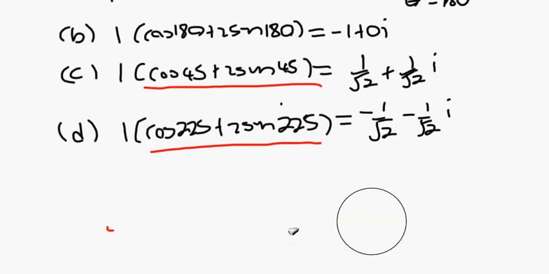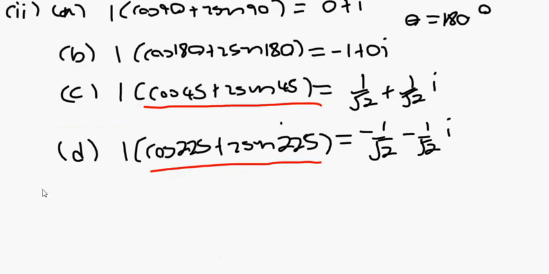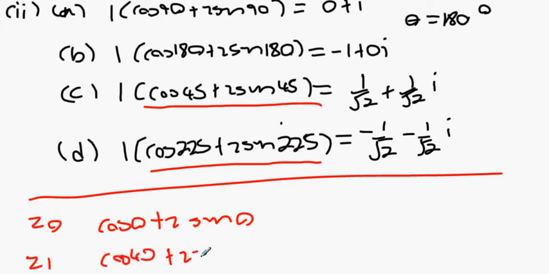So this time around, we're asked to express Z0. Well, Z0 has no angle, so it's going to be cos 0 plus I sine 0. That's Z0. Z1 has 45 degrees in it, so cos 45 plus I sine 45.